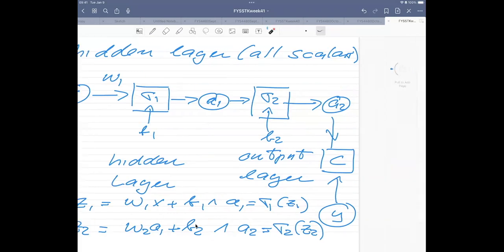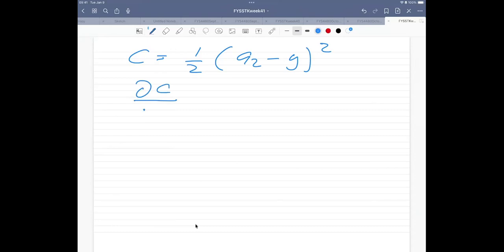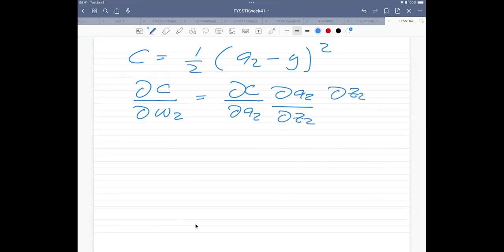Okay? So what we are going to do now is also define a cost function. So I'm going to define C. Again, we are going to stay with a standard mean squared error, A2 minus Y squared. So let's now set this up as the last one before we take a break. I'm going to get the derivative with respect to W2, which is given by dC/dA2, then dA2/dZ2, and then dZ2/dW2.